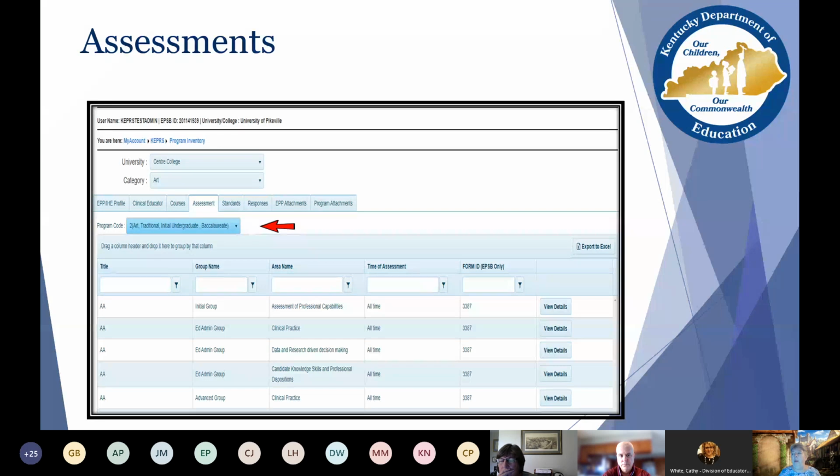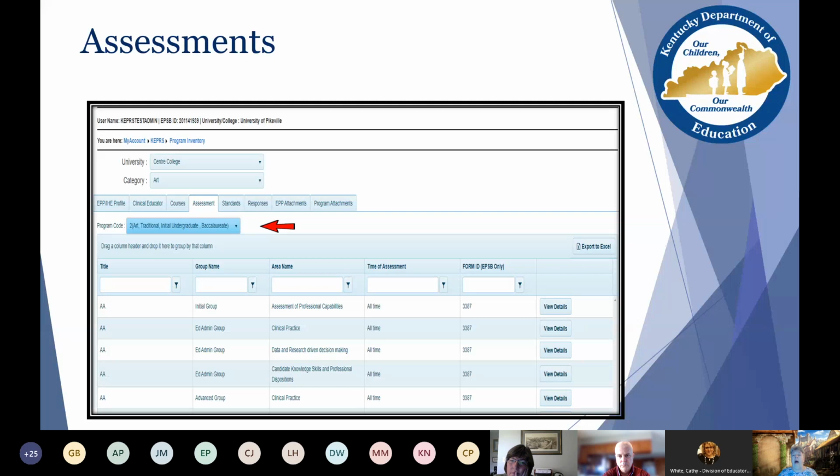This assessment tab is intended to capture those program evaluation assessments, some of which are tied to courses and capture the student performance data.